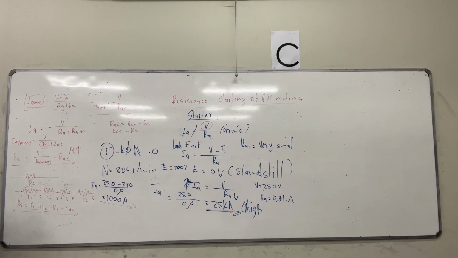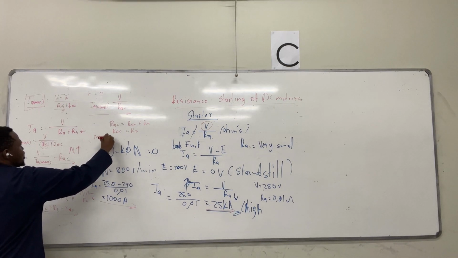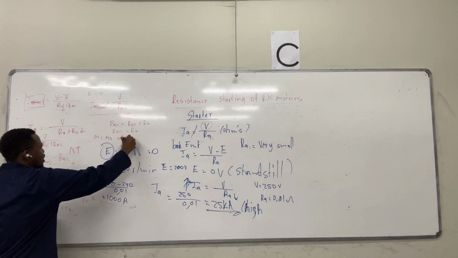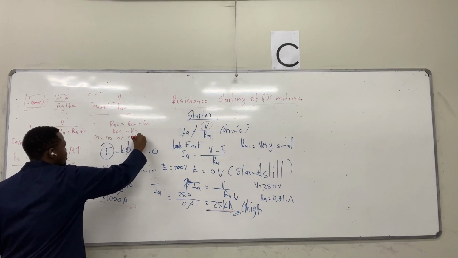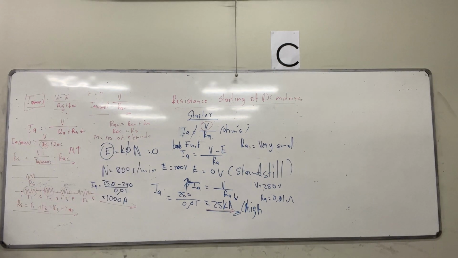M, the number of elements in a starting resistance. How many elements are there in this case? 1, 2, 3, 4.